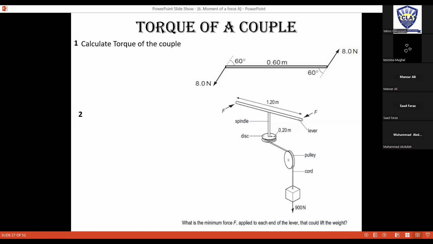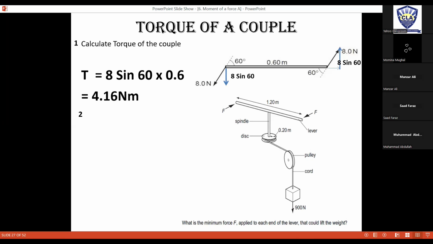So we will find out a perpendicular component of these forces, which is 8 sine 60 multiplied by 0.6, and you'll get the torque of the couple. So you have to find a perpendicular component of the force and then multiply by the perpendicular distance and you'll get the answer.